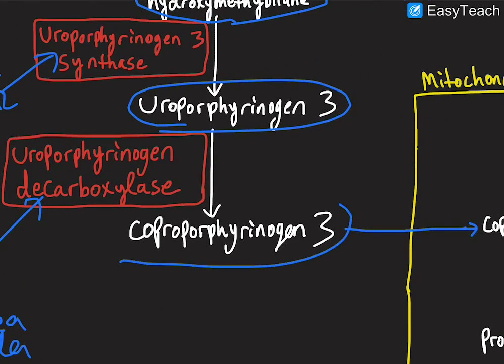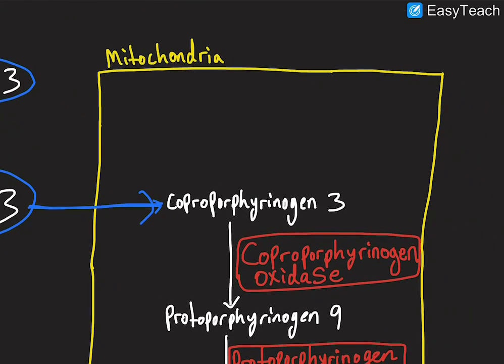Now we have coproporphyrinogen 3. This moves into the mitochondria again. Coproporphyrinogen 3 gets converted into protoporphyrinogen 9 via coproporphyrinogen oxidase.